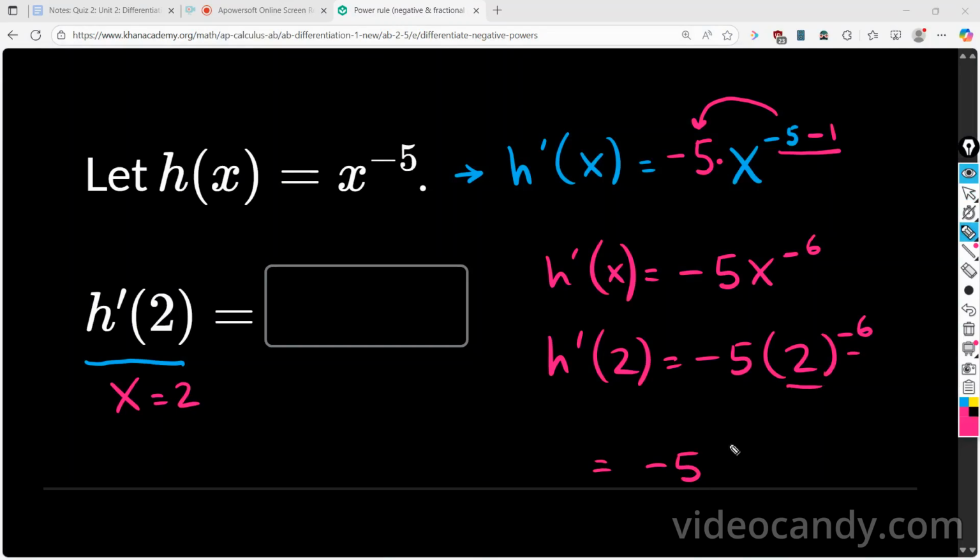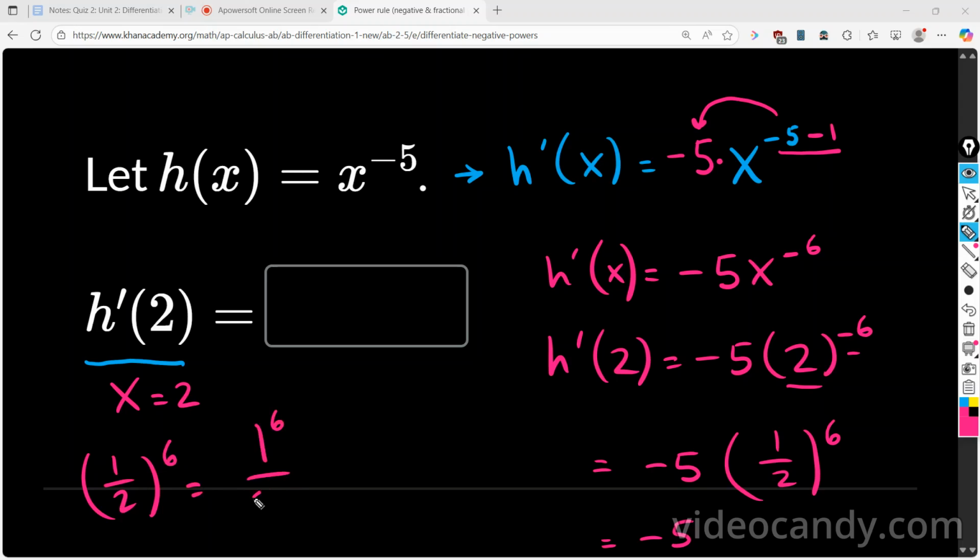If we take the reciprocal, that's going to be 1/2 to the positive 6. Remember, when you have a fraction with an exponent, it is applied to both the numerator and denominator. So that's 1 to the 6th over 2 to the 6th. 1 to the 6th is just 1, and 2 to the 6th is 64. So it's 1 over 64.